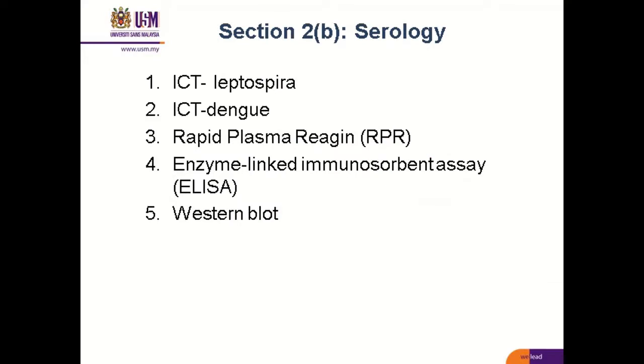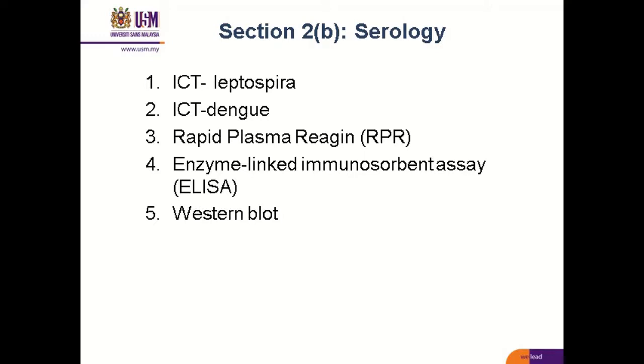So next we go to serology. In serology, we use the patient's serum to diagnose the pathogen causing the infection in the patient. There are various serology methods. For example, for leptospira we can use the immunochromatographic test.